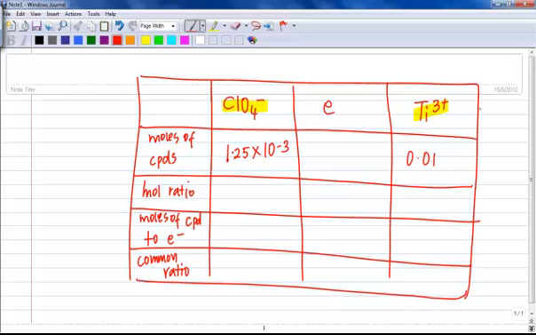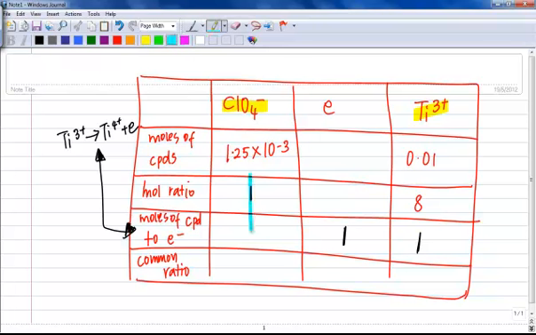And the mole ratio is simply 1:8. In this case, we know that Ti3+ is being oxidized to Ti4+ plus 1 electron. So our moles of compounds to electron is simply referring to this. Alright, so we have 1 is to 1. So for the common ratio, very simply, look column by column.